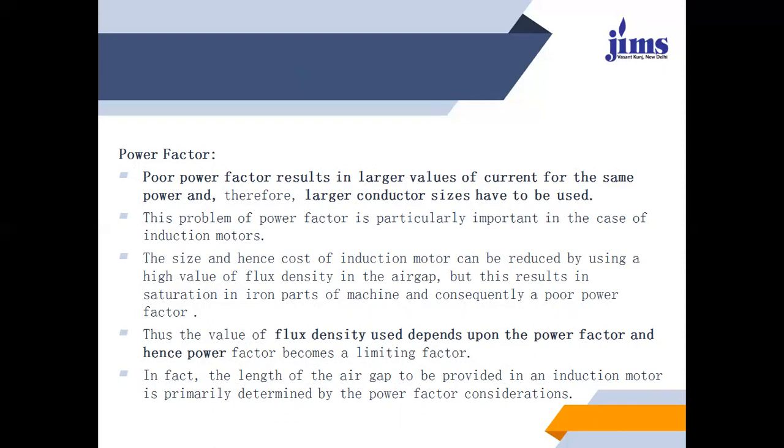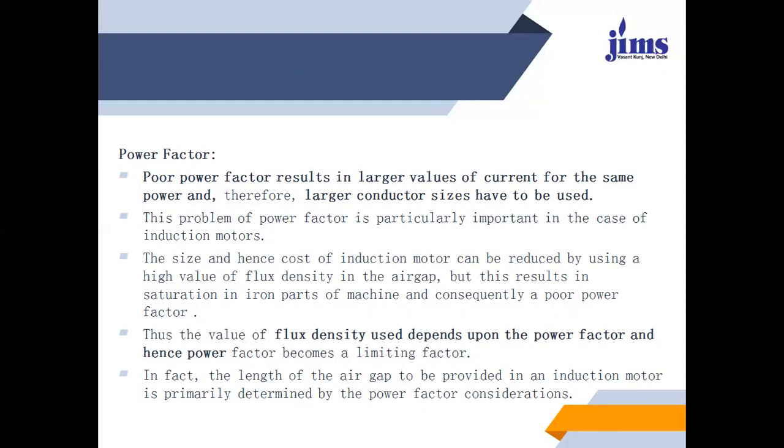But this results in saturation in iron parts of the machine, and consequently a poor power factor will be associated with the induction machine. Thus, the value of flux density used depends upon the power factor, and hence the power factor becomes a limiting factor for the induction machine.